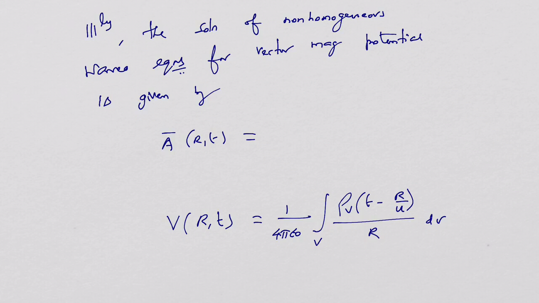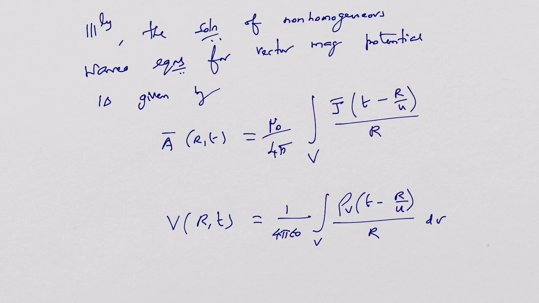Similarly, the solution for non-homogeneous wave equations for vector magnetic potential is obtained from A of r comma t is equal to mu naught divided by 4 pi, volume integral of J, the volume current source responsible for the generation of A, J of t minus r by u divided by r into dV. You can just compare.